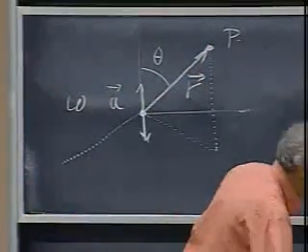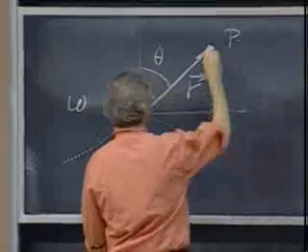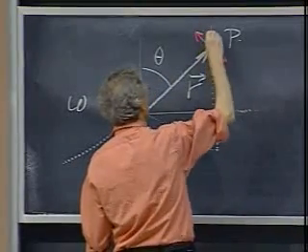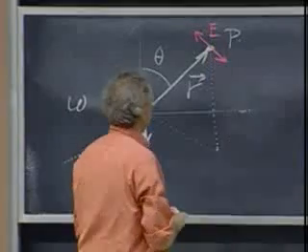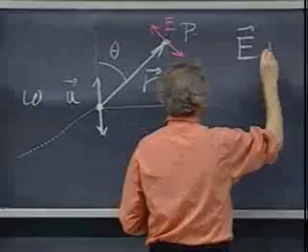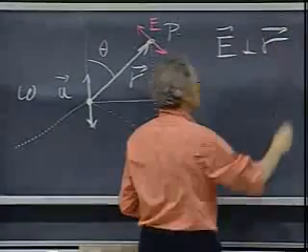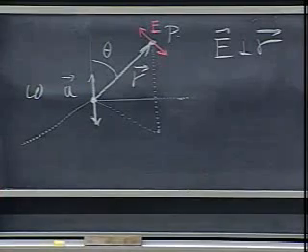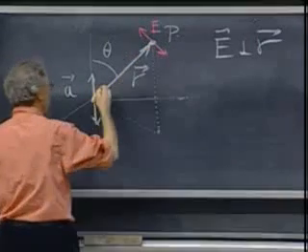And when you are at P, I'm going to give you some very simple rules which will always allow you to determine the direction of the electric field. The electric field is always perpendicular to the position vector, the direction of propagation. So you're looking in this direction to the charge.